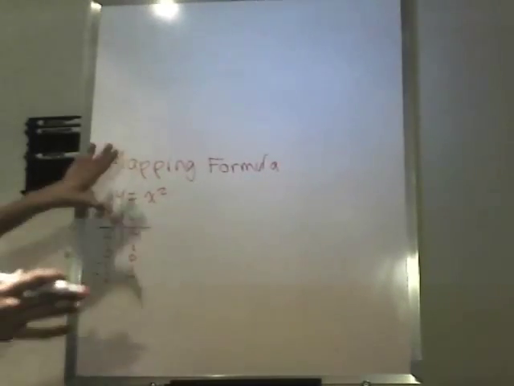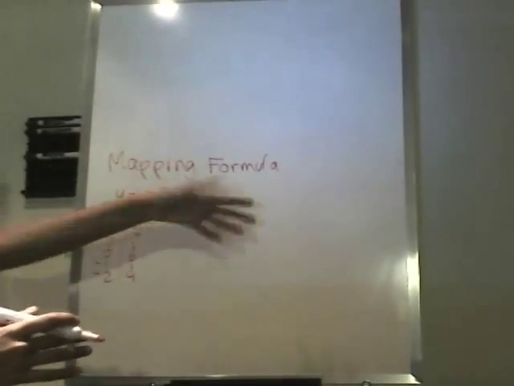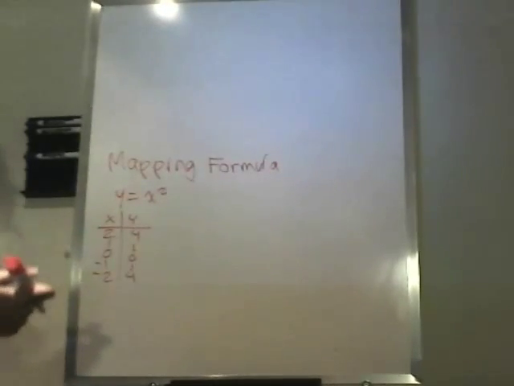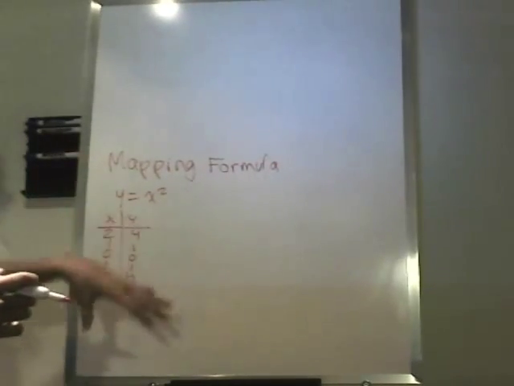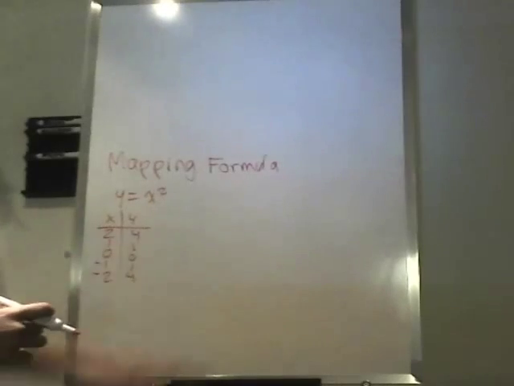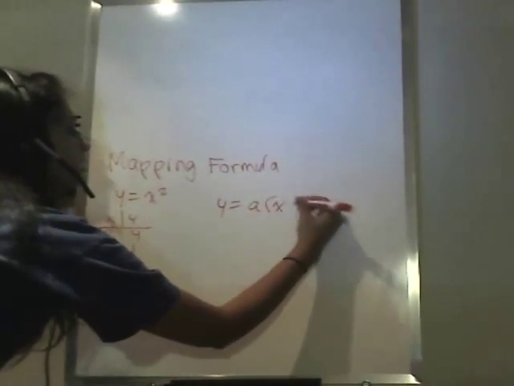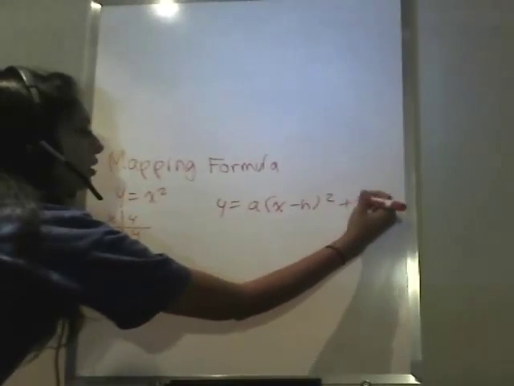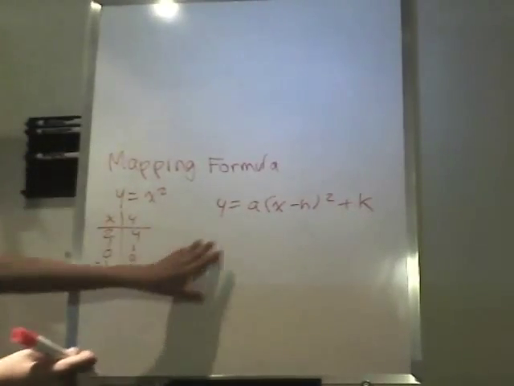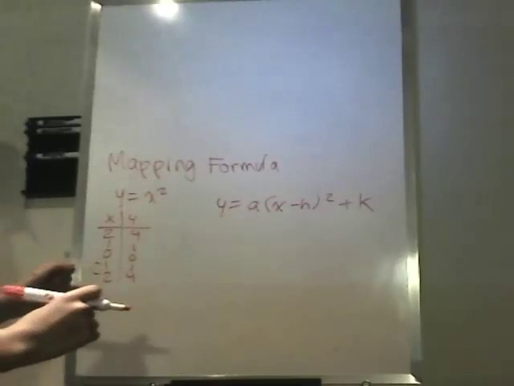Easy. These are the two things that can help you graph vertex form, y equals a times x minus h squared plus k. These two things help you solve that easily. So easy.